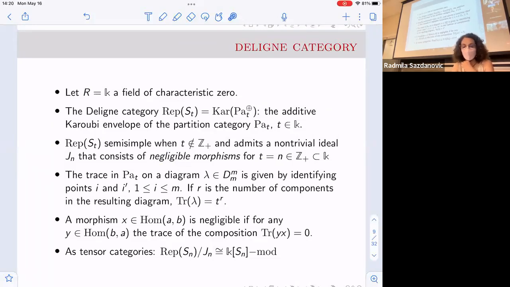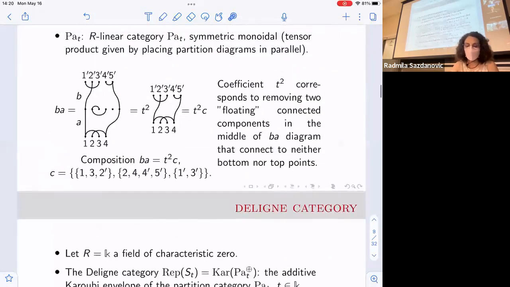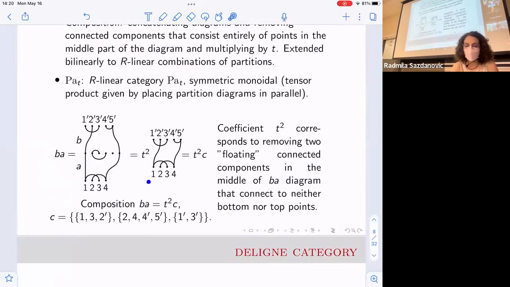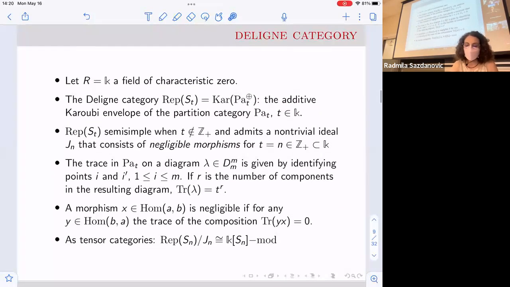And again, when you look at these diagrammatics, all that you're going to do is connect 1' and 1, all the corresponding points. You're going to connect them, and then depending on how many closed components you get, the trace is going to be t to the r. So it's going to be t to the power of the number of components. And then the morphism is negligible if you fix one element, and you can find any other element such that when you compose them, you get that the trace is 0.